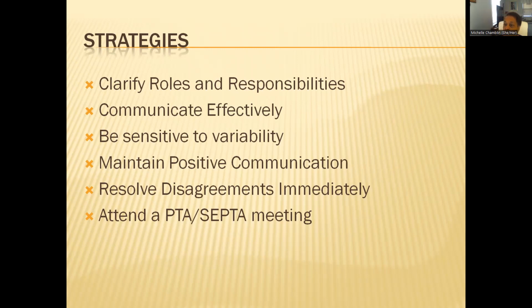And so clarifying roles and responsibilities is essential. If you're the general education teacher in a classroom, you might have a student who has a one-to-one. So there might be a para in your classroom, or you might end up with 3 kids that have one-to-one. So you have 3 other adults in the classroom. How do you manage that? How do you communicate with those individuals? So it's really important to clarify those roles.